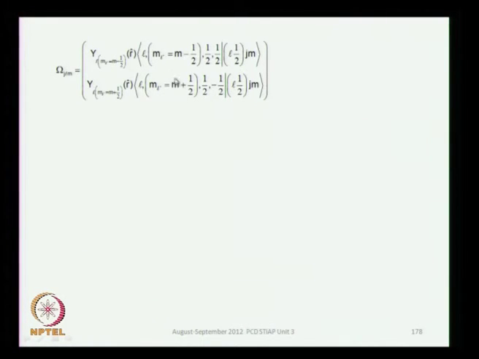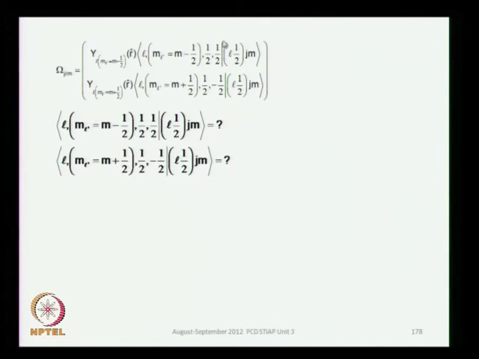Now this is your simplified expression for the spherical harmonic spinner, and now you need these Clebsch-Gordon coefficients. Okay, you have to determine them, and you can determine them quite easily from standard tables of Clebsch-Gordon coefficients and so on, and their values actually depend on whether j is L plus half or L minus half.